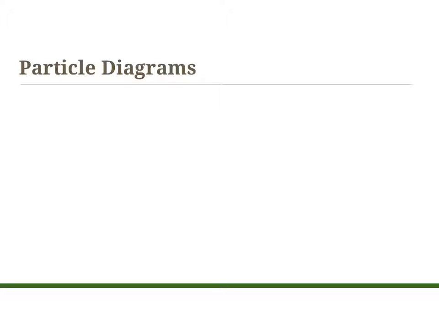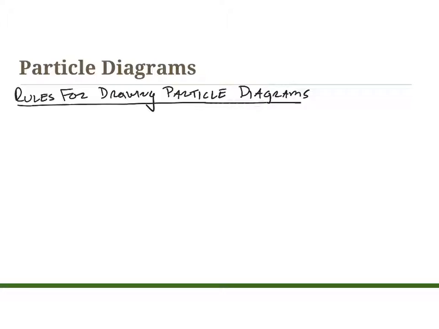You are going to be asked, ladies and gentlemen, to draw particle diagrams. And the rules for drawing particle diagrams are as follows. There's only two, but there are multiple parts.